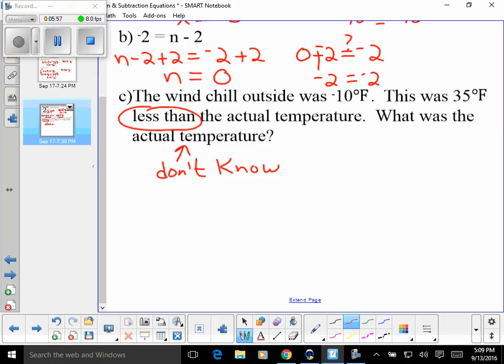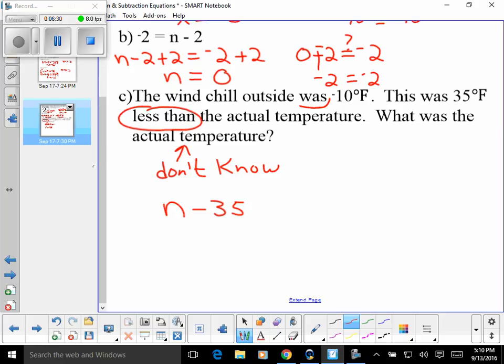That's where we're going to use our variable. So I'm going to use an n for the actual temperature. Less than means to subtract. 35 less than that number, minus 35. Remember back to 1a, less than was one of those that you have to be careful for, because instead of saying 35 minus n, it's usually going to be changed around to n minus 35.